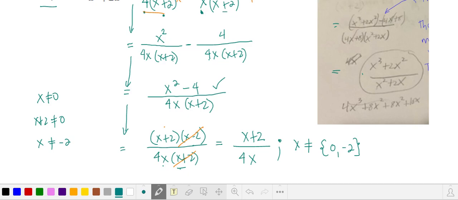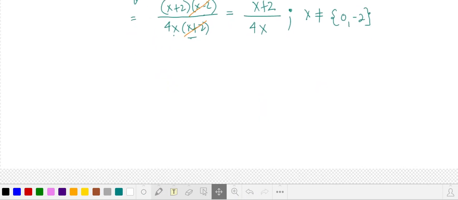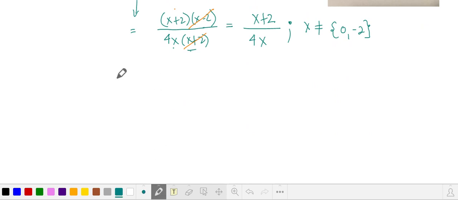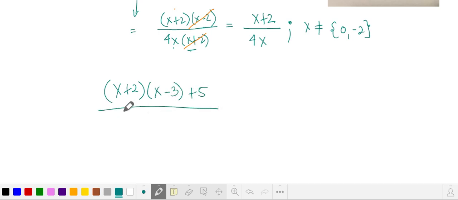Now, let's go back to the common misconception that students have about cancellation. So let's say you have something like this. (x plus 3)(x plus 2) over (x minus 3) plus 5 over (x plus 2)(x plus 5)(x plus 3).